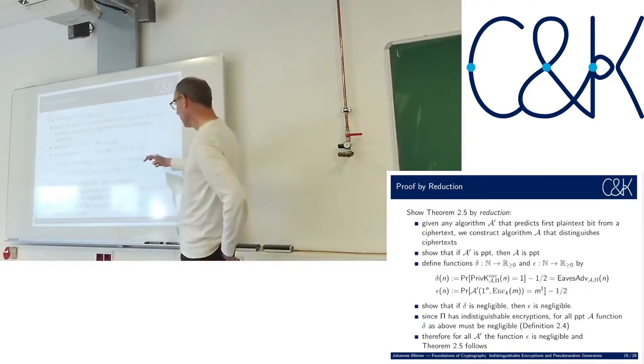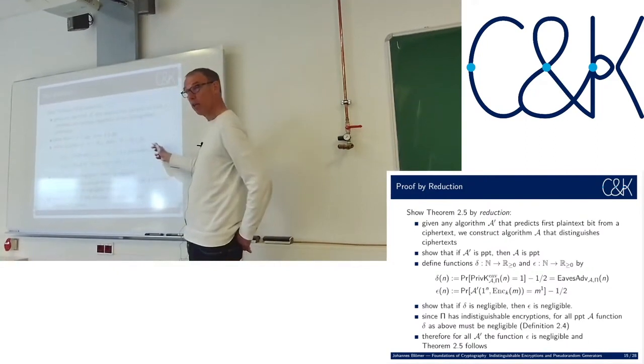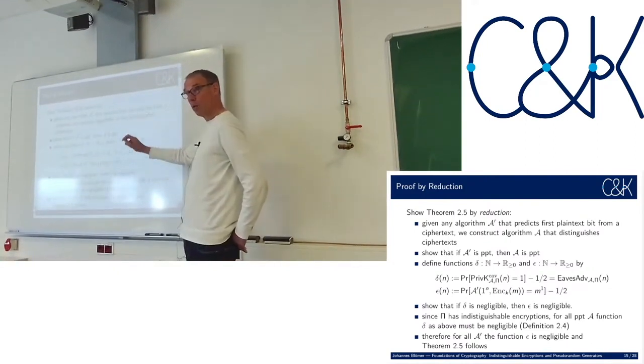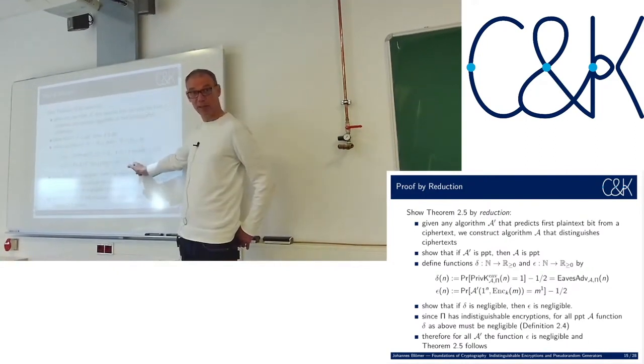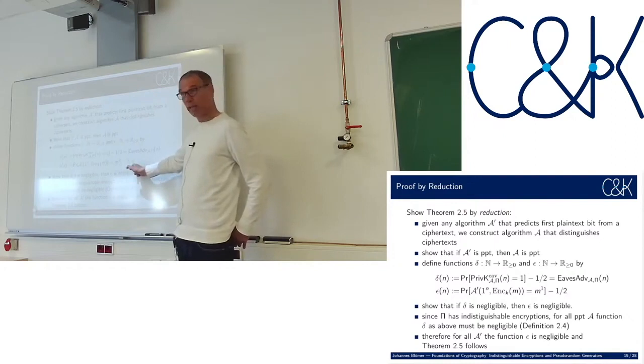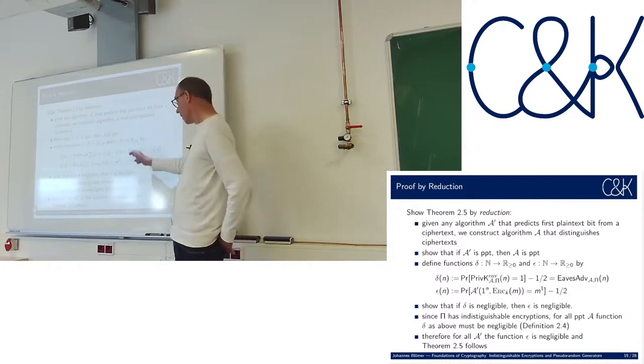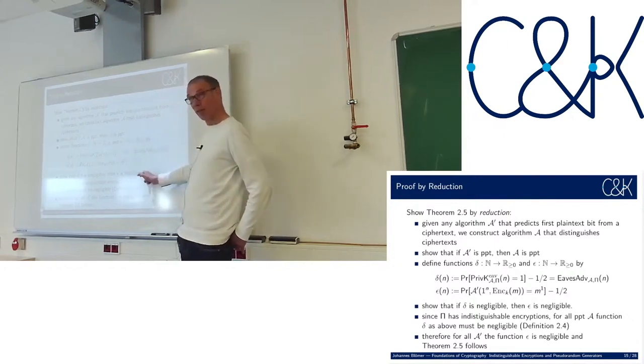We define delta as the distinguishing advantage of D. We define epsilon to be the advantage of A, the adversary against our pi G. We show that if delta is negligible, then epsilon is negligible.